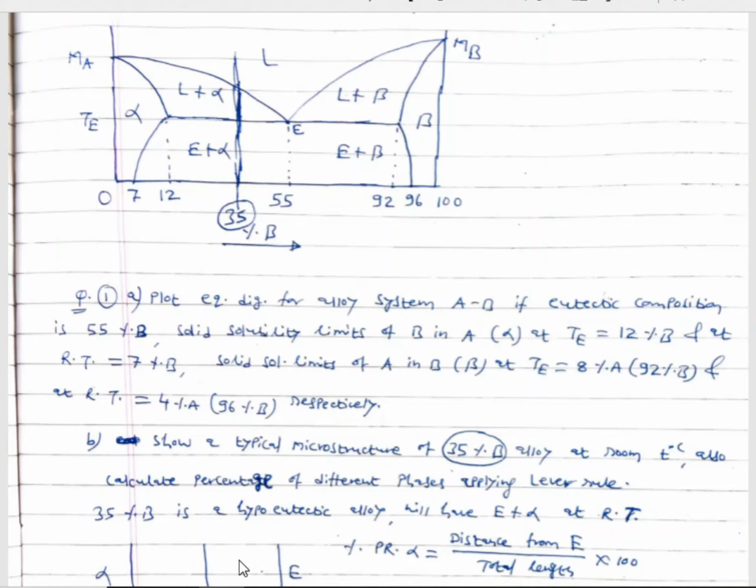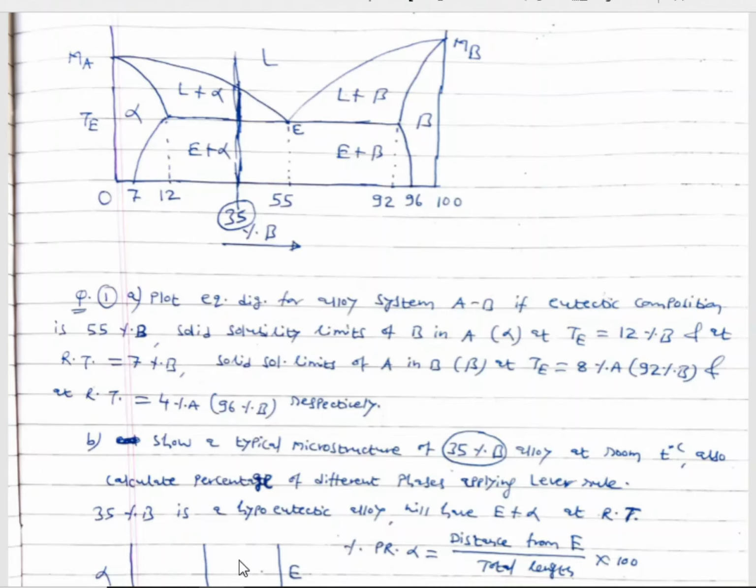And just below the eutectic temperature, the remaining liquid will get transformed into eutectic mixture. So eutectic mixture is the mixture of alpha and beta. So finally at room temperature, eutectic plus alpha will be obtained.